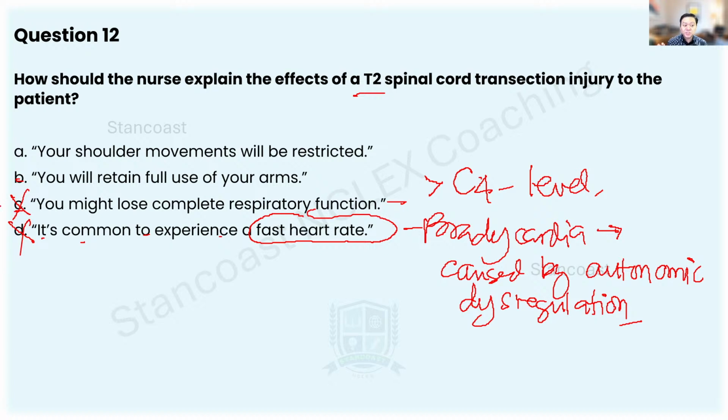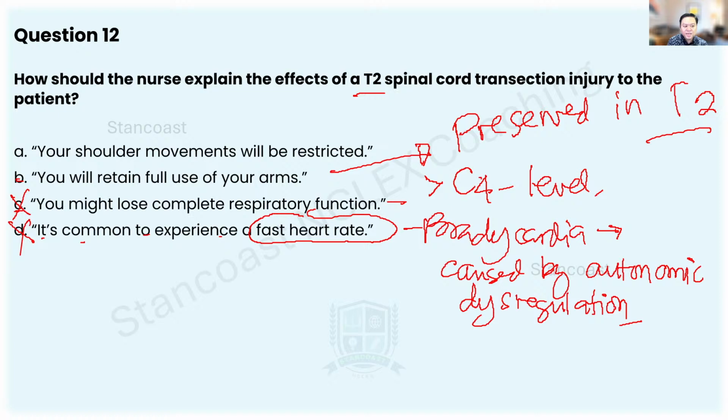It will preserve full motor and sensory functions of the arms. This is preserved. Okay? Preserved in T2. They should not be worried about any motor function or sensory function in the T2. Okay? They will have full use of the arms.